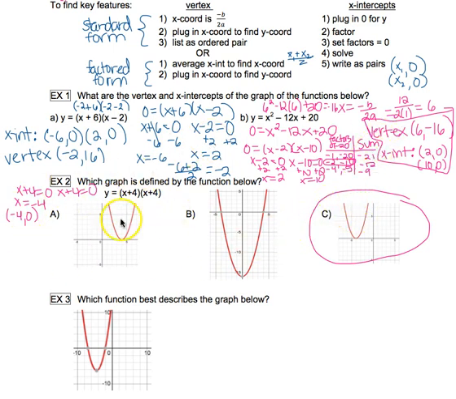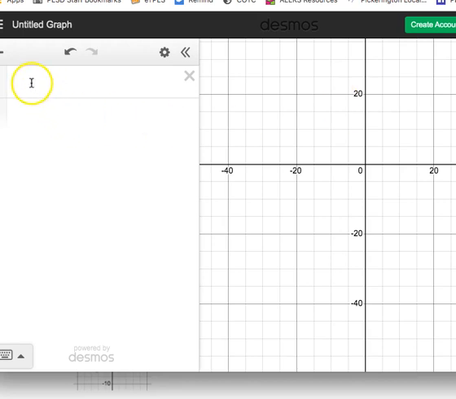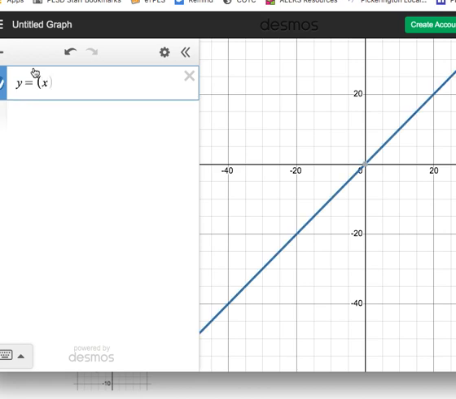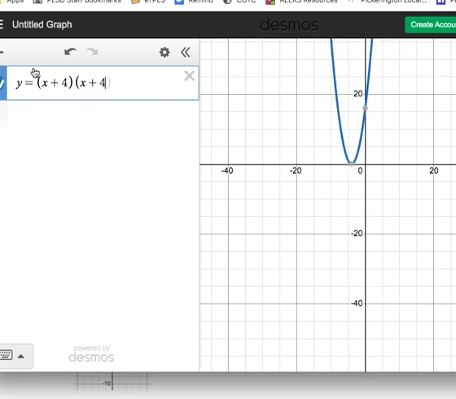Now, the other way that you could do this is by actually going to Desmos and graphing it. So if you want to do that, you would go to Desmos, pull up a screen, and you just type in y equals, and then put the equation in exactly like it appeared, x plus 4 times x plus 4.